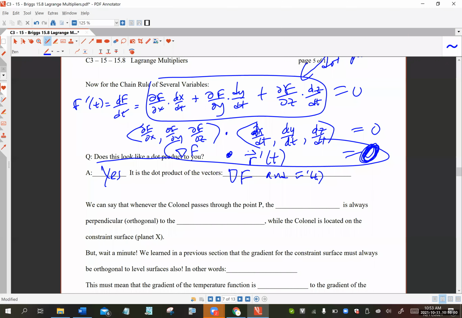Aren't they orthogonal? Yeah. So the gradient, that's big del F, is always perpendicular or orthogonal to r prime, which is basically the tangent vector to the curve. And it's actually orthogonal to every single tangent vector, to every single curve on that planet.